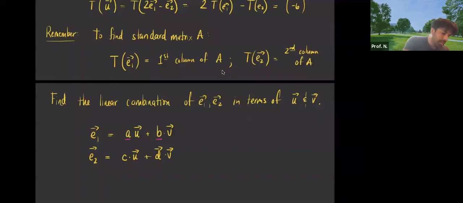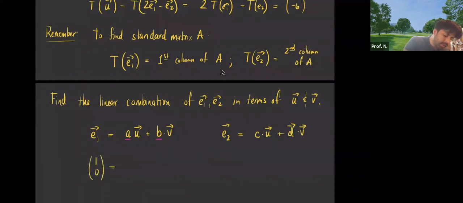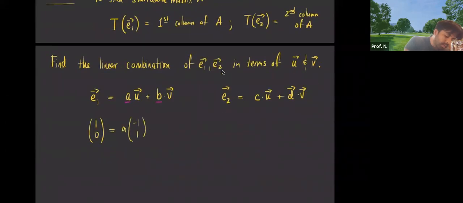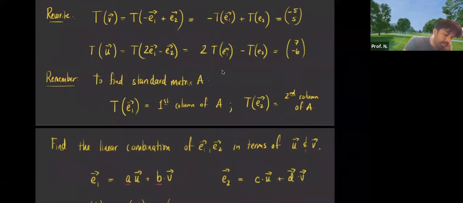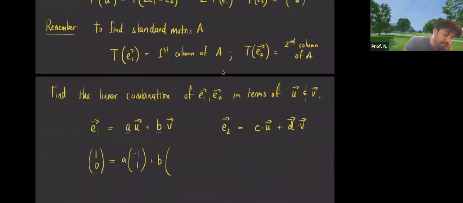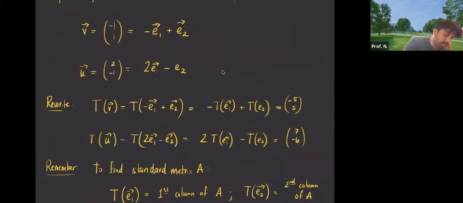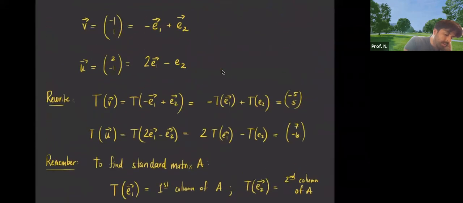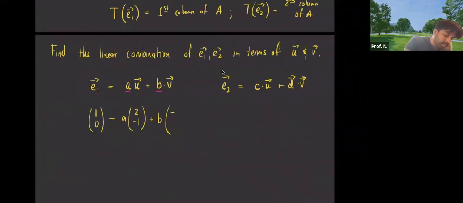So let me put this over here. If I write this out, this is 1, 0 equals what? A of U, which is 2, -1, plus B of V, which is -1, 1.